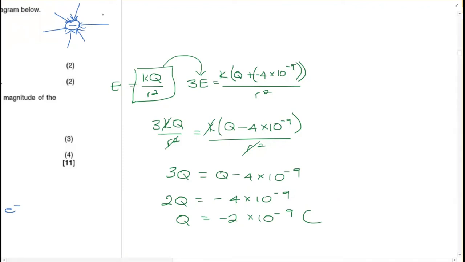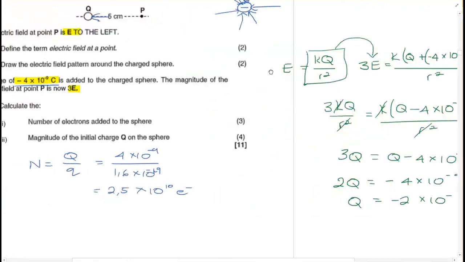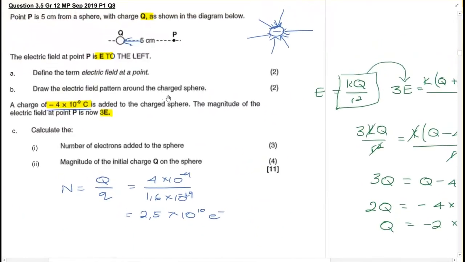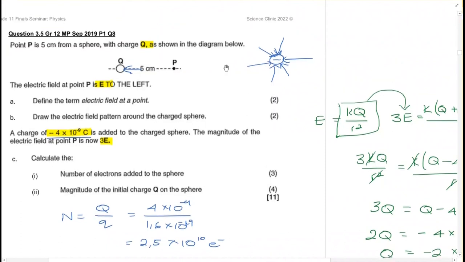The table, you want me to repeat B? What is B? Oh, the electric field around the charged sphere, that one. Okay, cool. So that one comes from over here. It says the electric field at P is to the left. If you're looking from P's perspective, the field is pointing to the left, which means the field is going inwards.